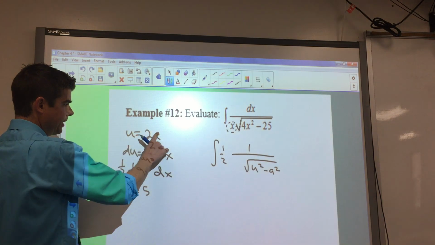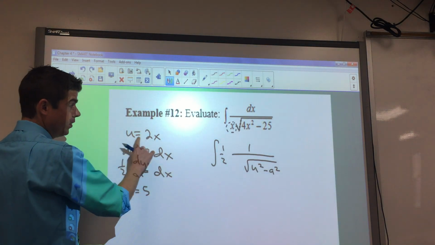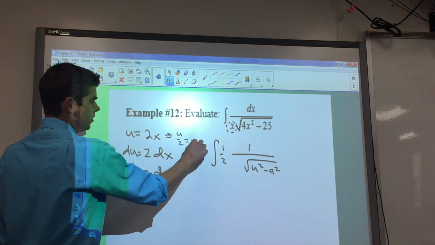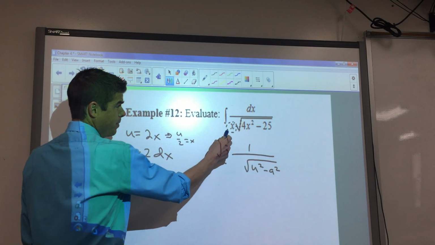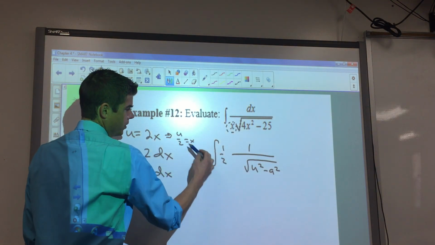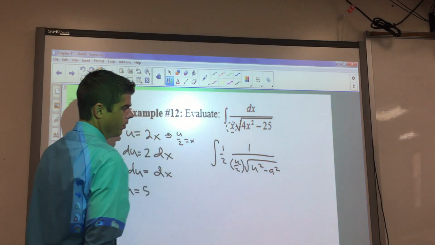In fact, the x is actually equal to u over 2, right? If u equals 2x, then u over 2 is equal to just 1x. So I have to be really, really careful. This x is really going to be a u over 2. So just be really careful.